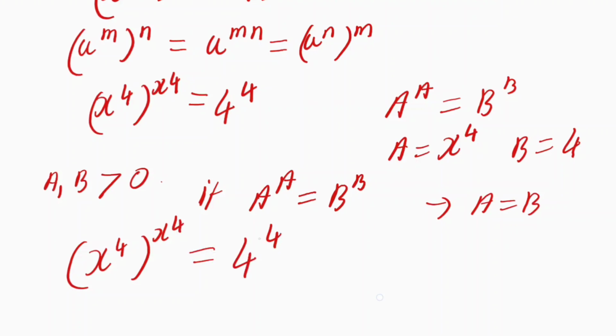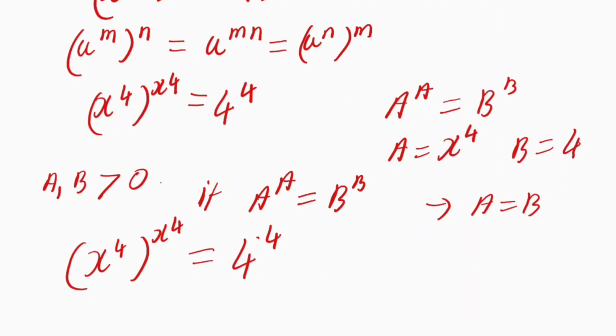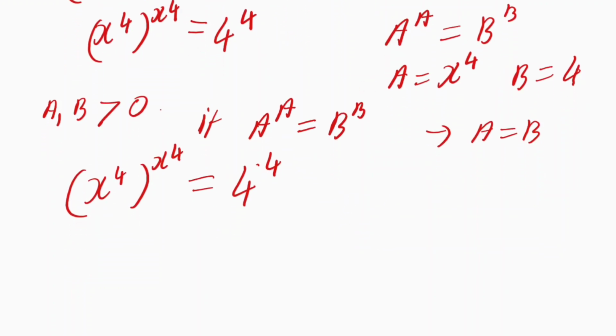We simply see here that this is our equation that we're trying to solve. So now we can conclude that x to the power 4 is equal to 4.